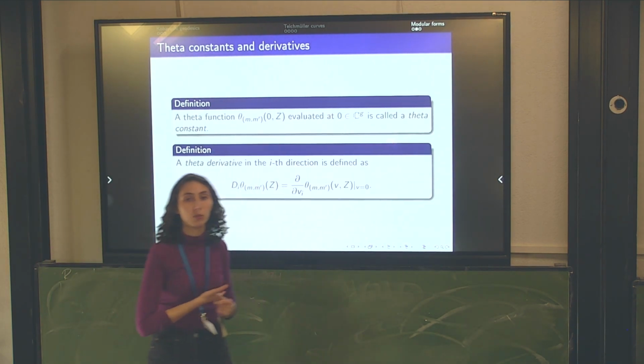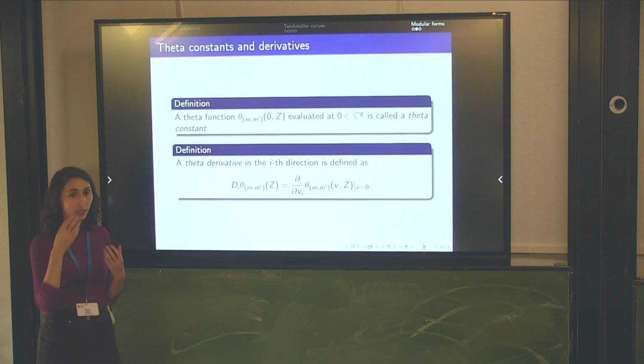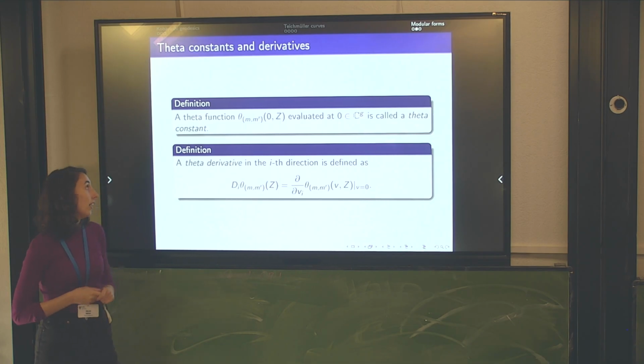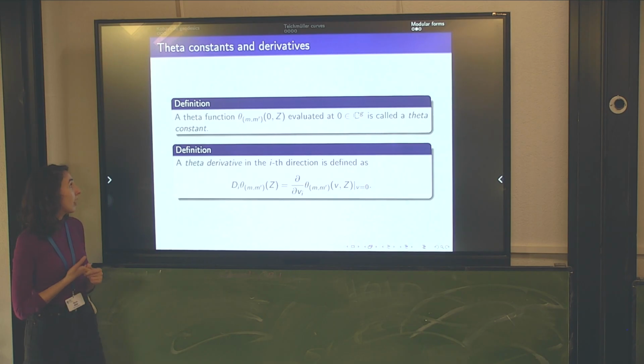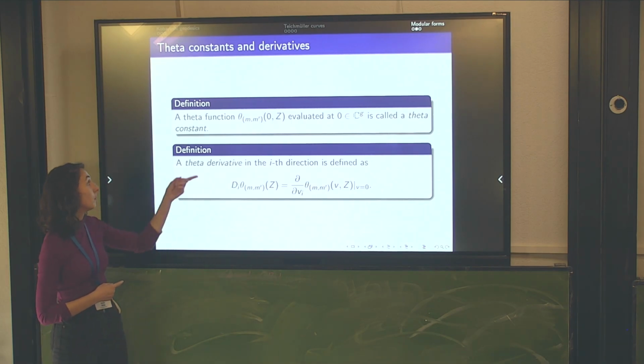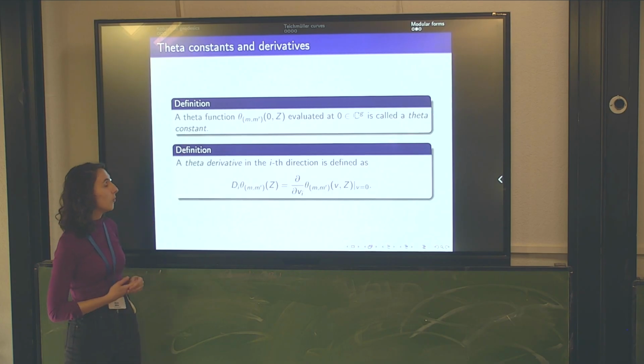So we use some coming from the Siegel modular varieties, and then embed them via a Siegel modular embedding to the Hilbert modular case. And so first I want to introduce theta constants, which are basically theta functions, with the exception that we evaluate them at v equals 0.